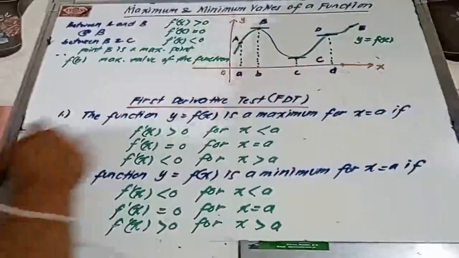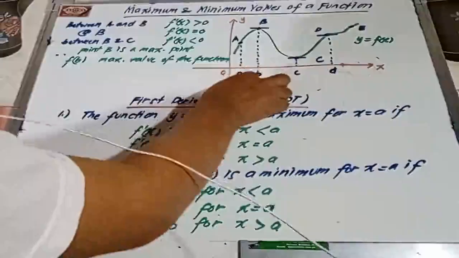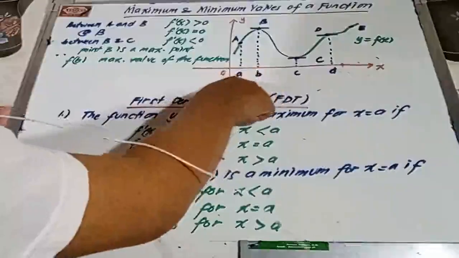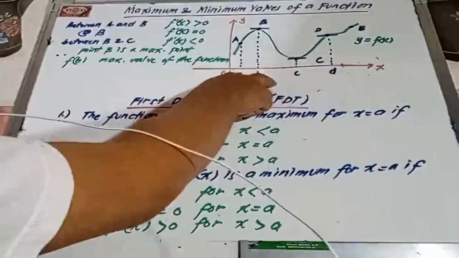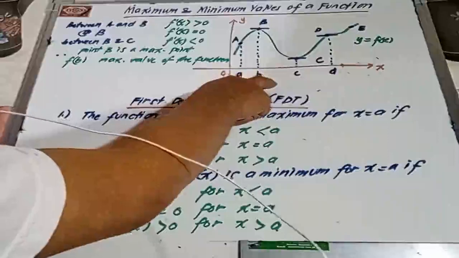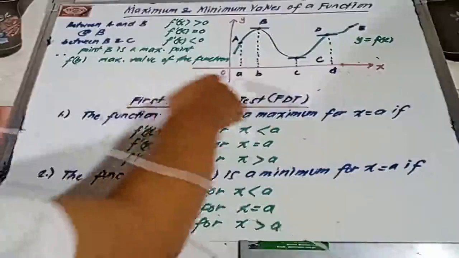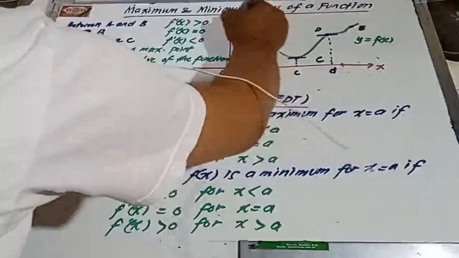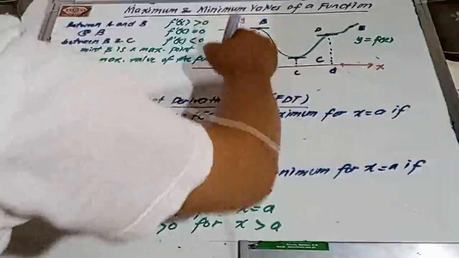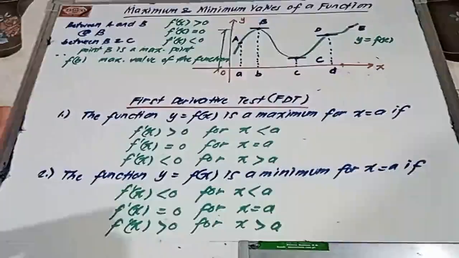Ibig sabihin, if the abscissa or the critical value is at point B, substitute B to x and that will be the maximum value of the function, which is the vertical distance of that point from the x-axis. Ito yung max point, the measurement of that point to the x-axis. Yun yung max value of the function.